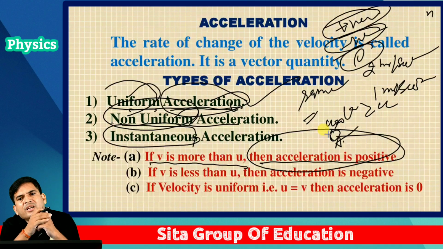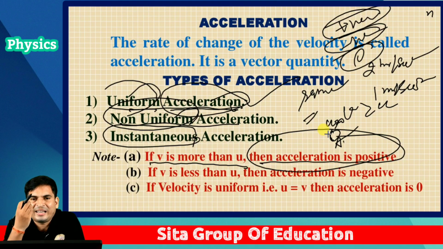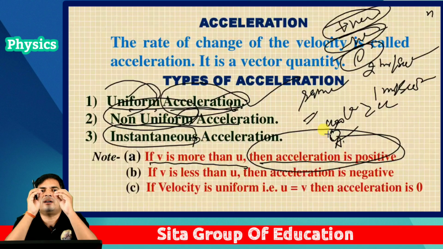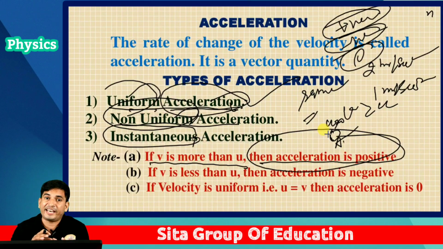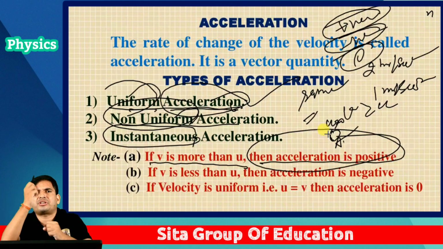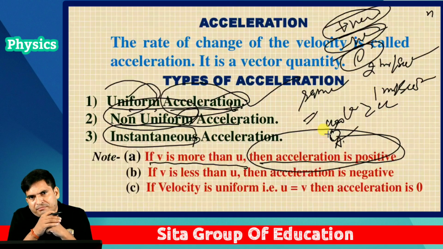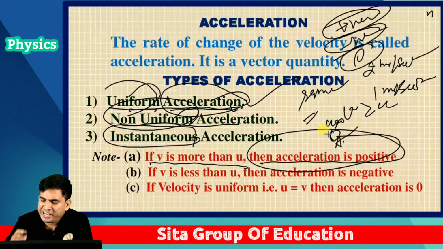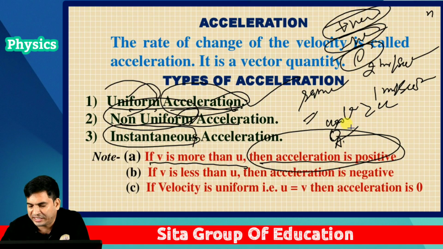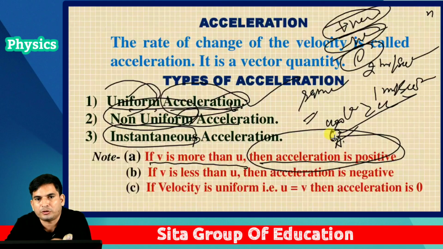But you were in a hurry, so you started pedaling and pedaling and pedaling, and you increased your speed, so your final velocity is more than the initial velocity. In such a case, your acceleration is positive.